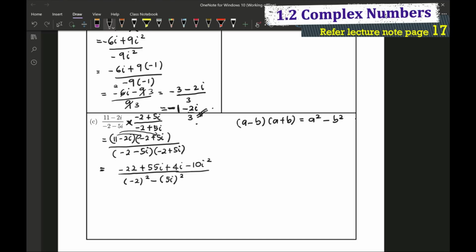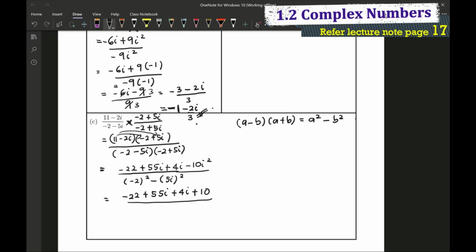Are you following me? I hope you are. So now, just solve everything properly. Negative 22 plus 55i plus 4i. This i squared will become negative 1, so negative 1 multiplied by negative becomes positive, so here we plus 10.